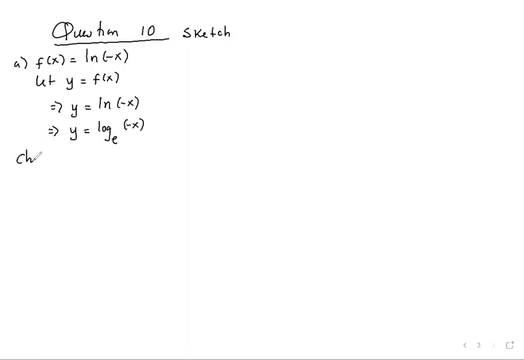Then change it to exponential. So when you change to exponential, it becomes e to the power y is equal to negative x. And then we can choose to solve for x, saying x is equal to negative e to the power y.